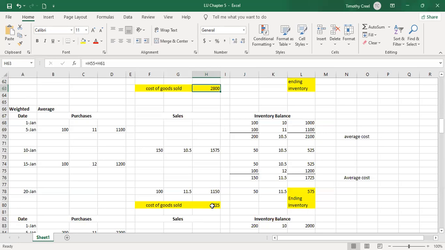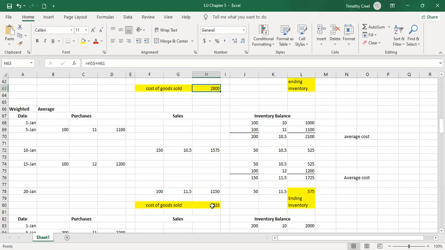So remember, a company has to choose one of these three methods, and they don't change very often. Typically, they take one and stick to it unless they can prove there is a very good reason for a change. They can't just decide every year, "I think it's better for us to do weighted average this year."